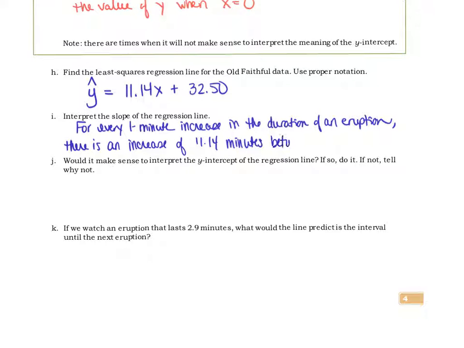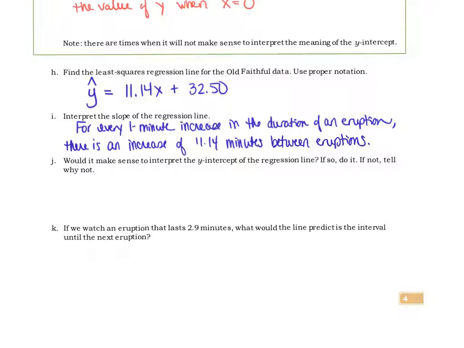Well, that's the time between eruptions. So for every additional minute Old Faithful is erupting, it's going to increase. Again, this is an estimate, but it's going to increase by about 11.41 minutes between the next eruption.